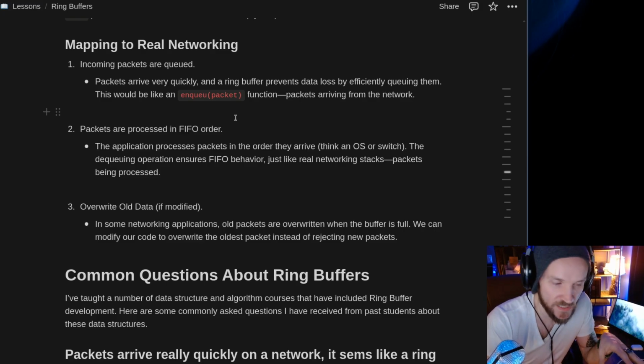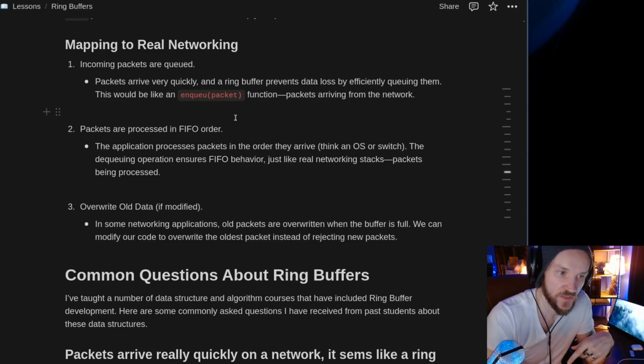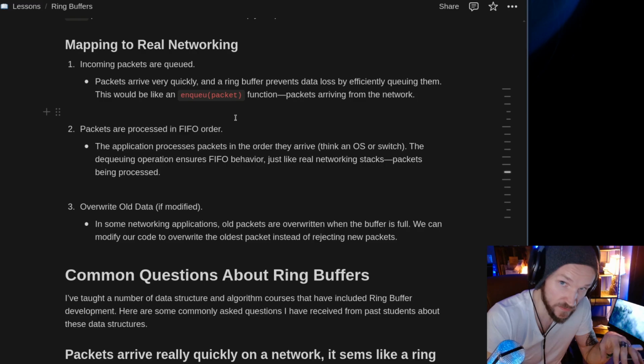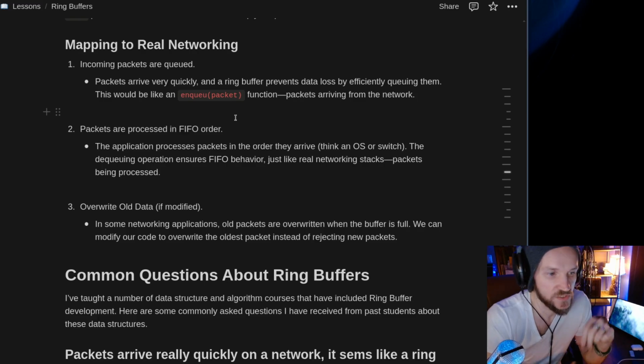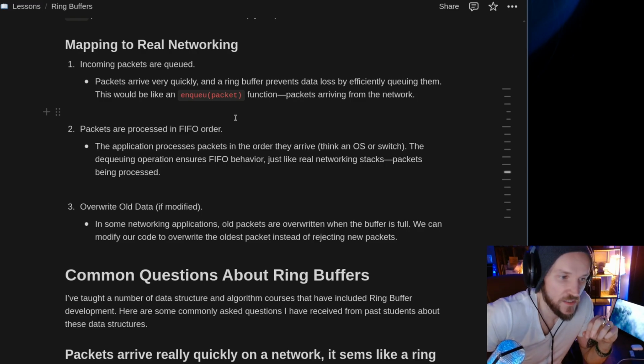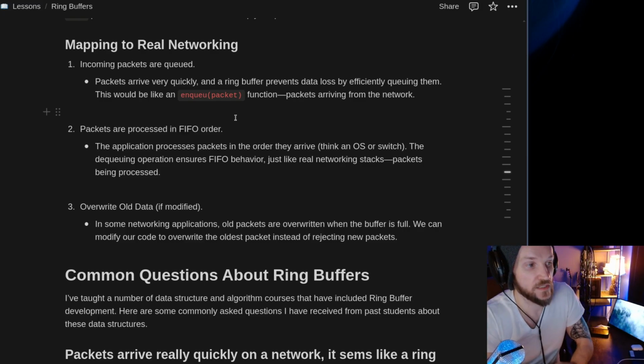Packets are being processed. And then there's overwriting old data, right? In some network applications, old packets are overwritten when the buffer is full. Like I said a few times, you can modify the code to overwrite the oldest packet instead of rejecting new packets. That functionality really depends on your application.